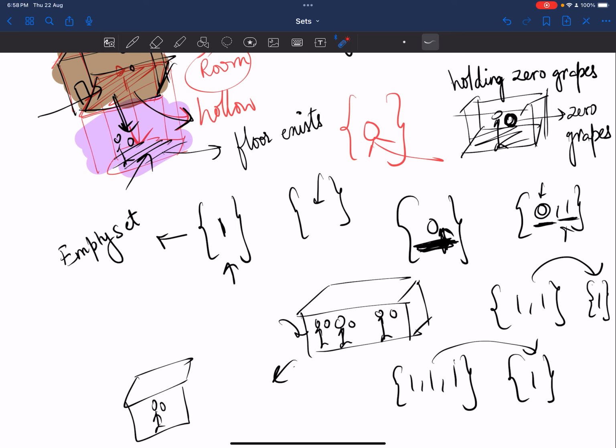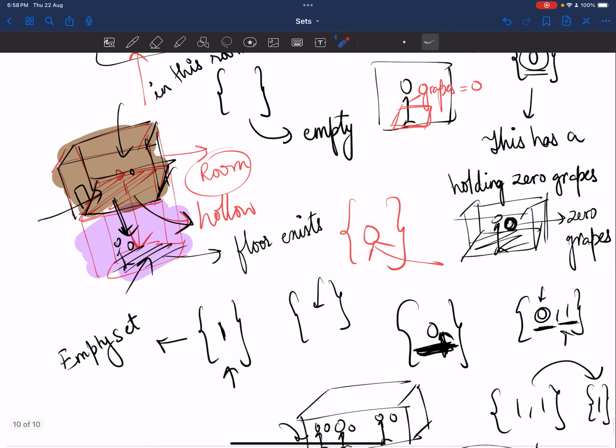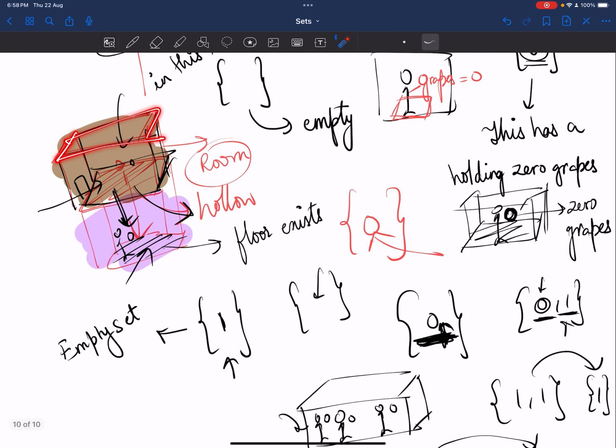Sets don't allow clones. So even if you're going to add people, we're just going to be like, no, no, no, no, and we're going to give you back the set, or a room, without any clones in there.